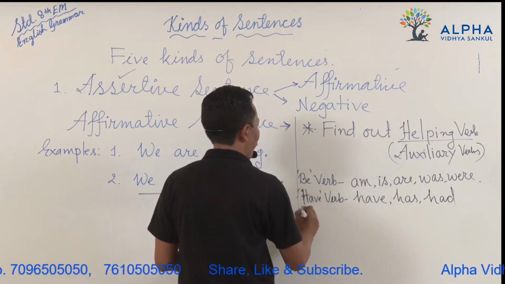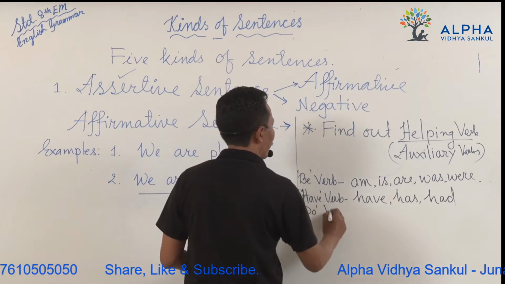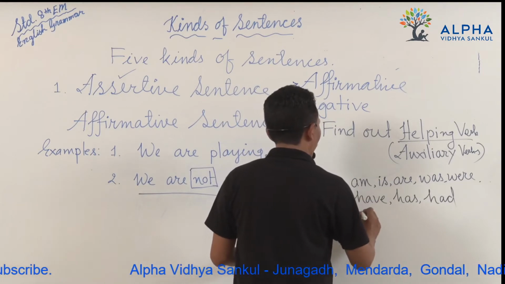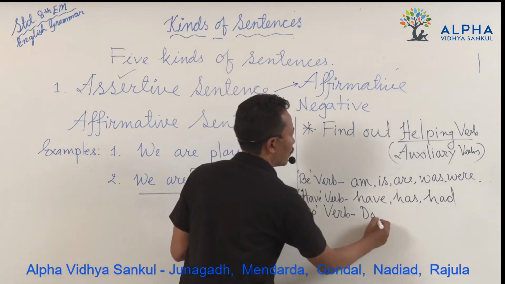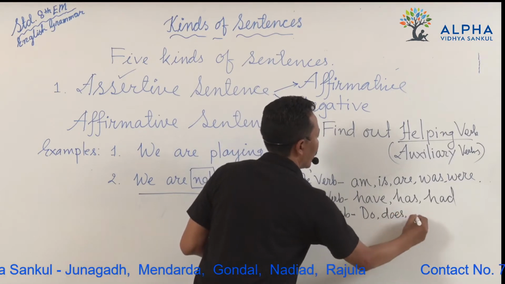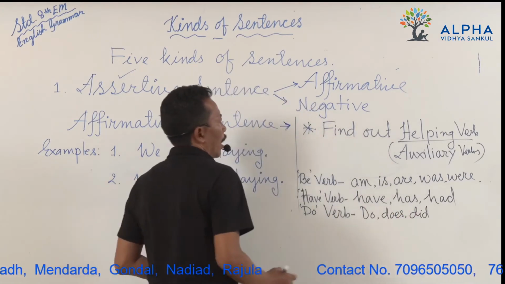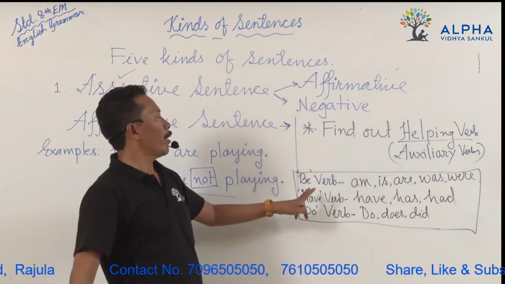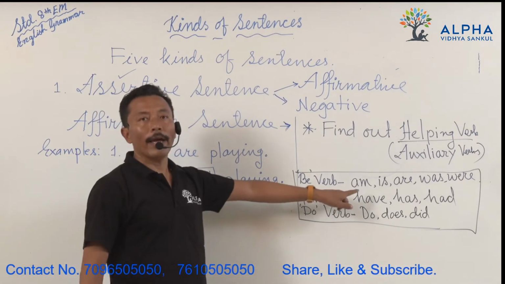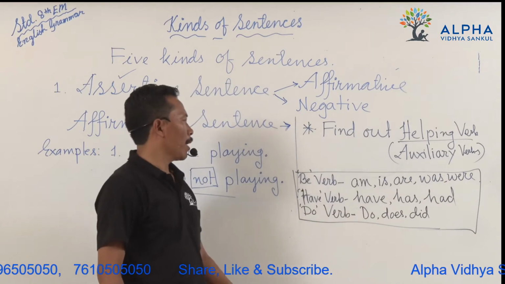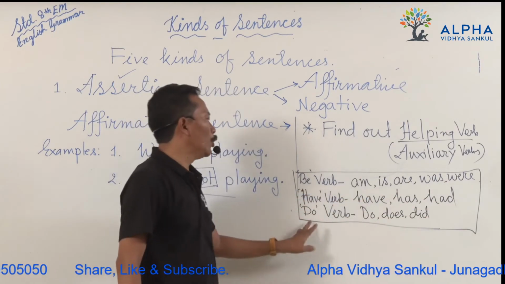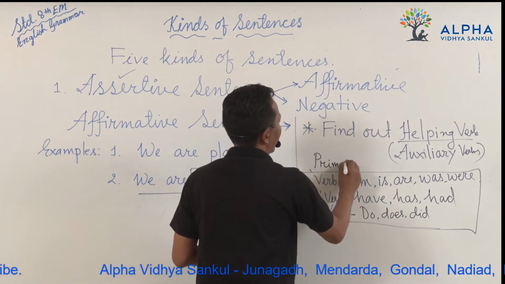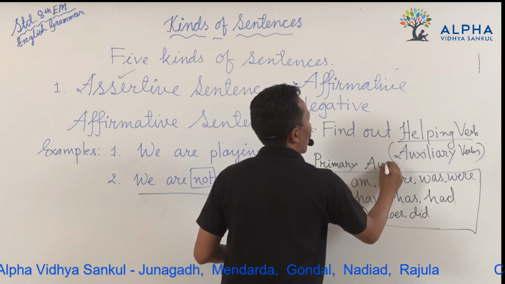Then do verb: do, does, did. Now you see these verbs, be verb, have verb and do verb. This is called primary auxiliary verb.